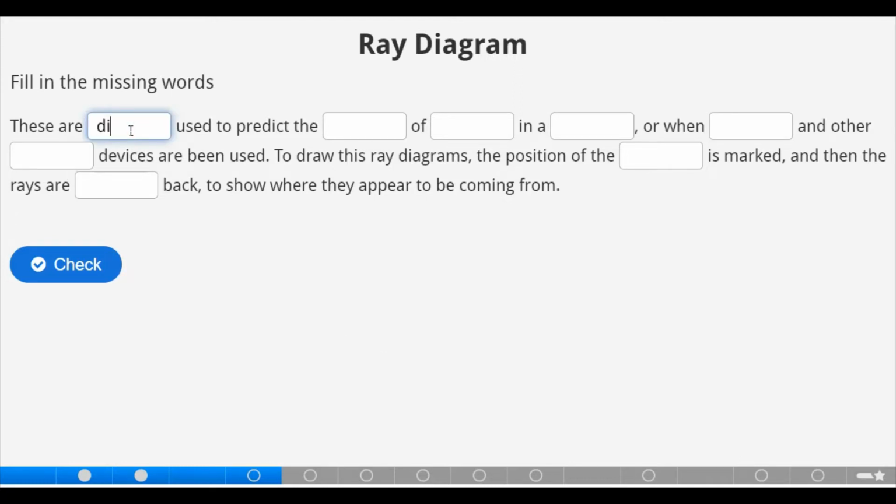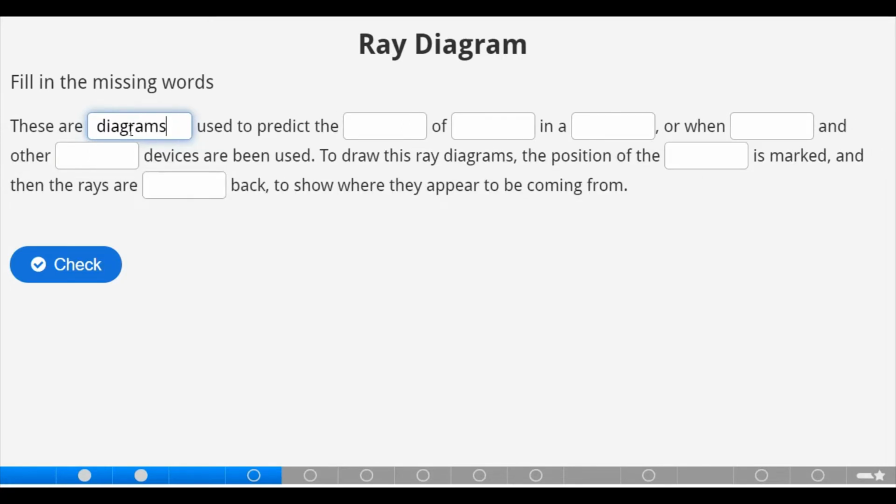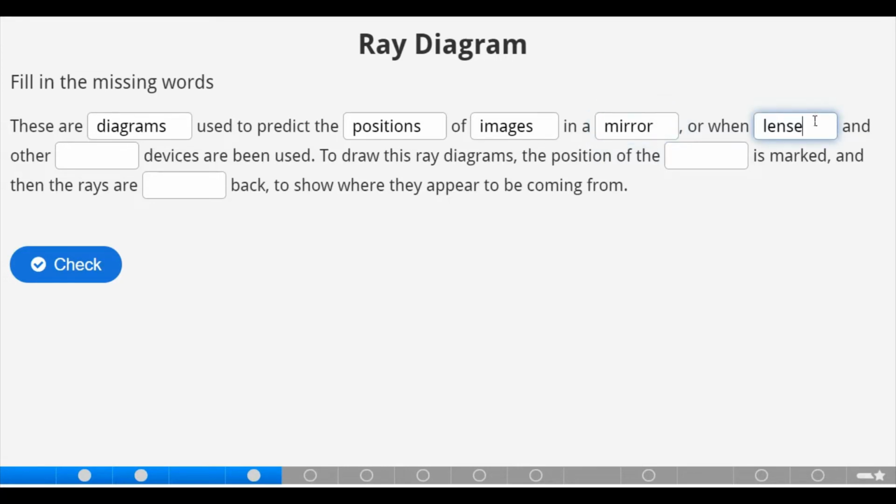These are diagrams used to predict the positions of images in a mirror, or when lenses and other optical devices are being used.